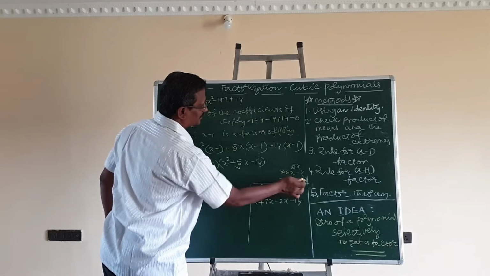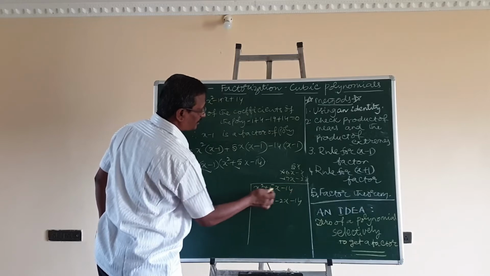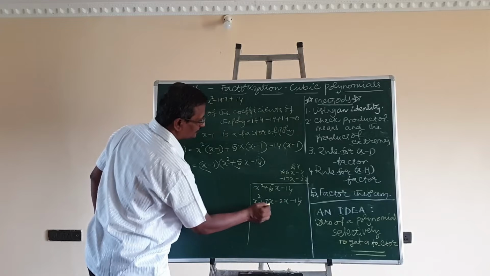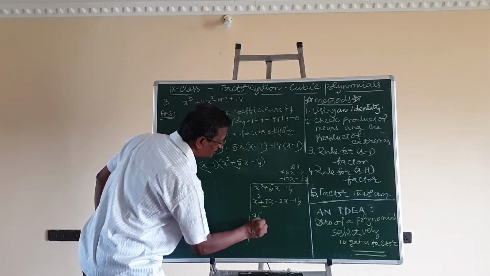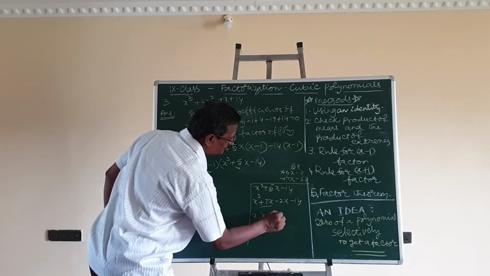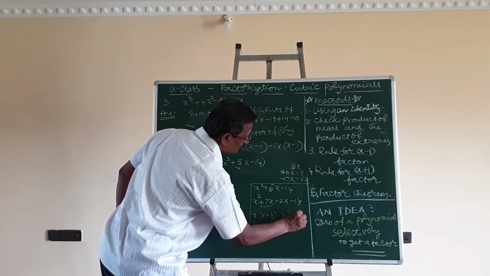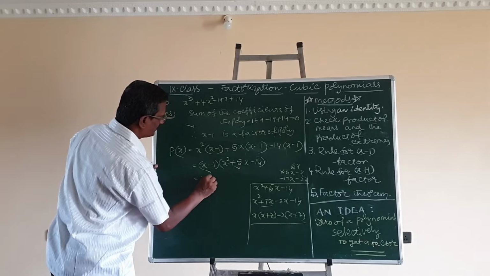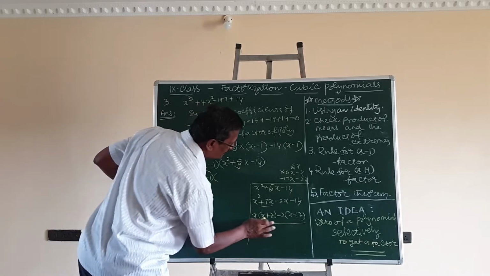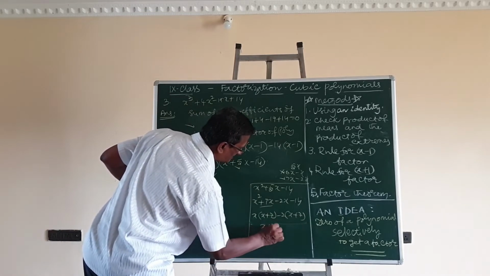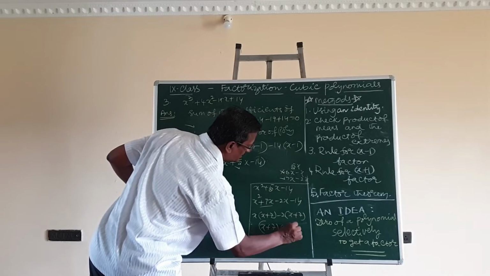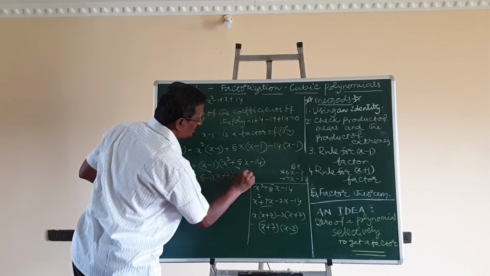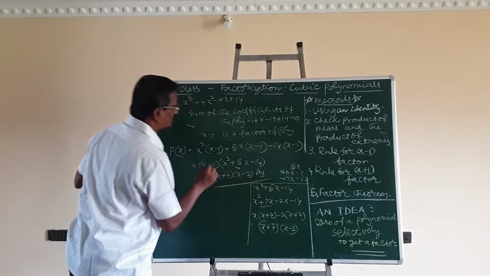The required product is exactly the product of the extreme terms. So x into x plus 7 minus 2 into x plus 7. Now on this basis, x minus 1 into x plus 7 into x minus 2 is the answer.